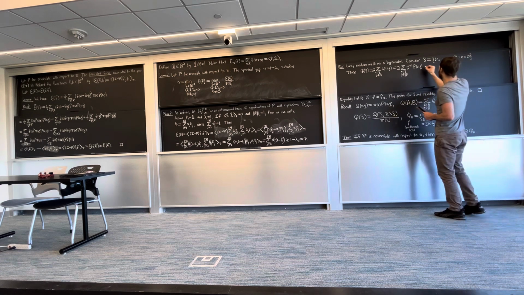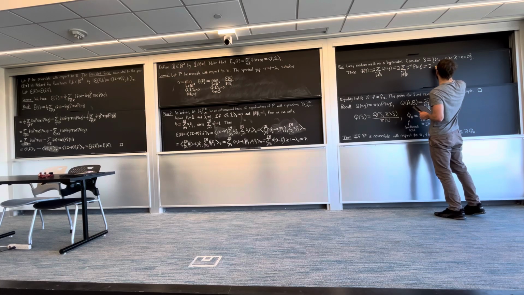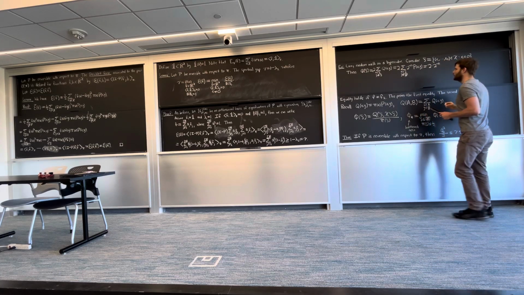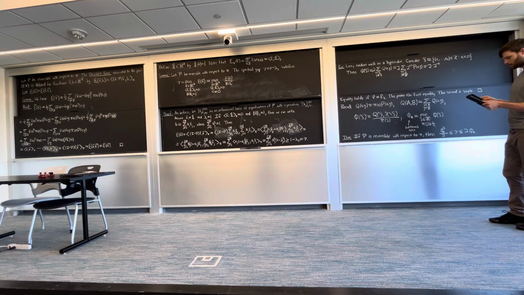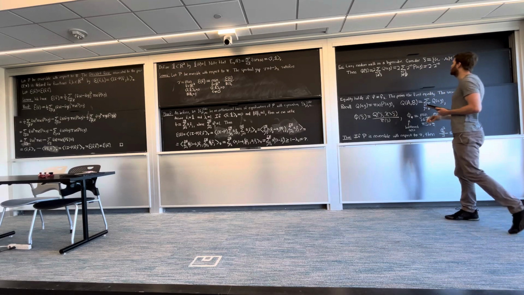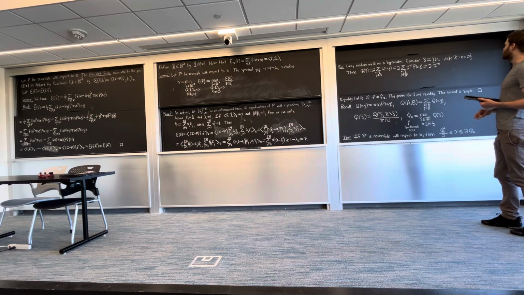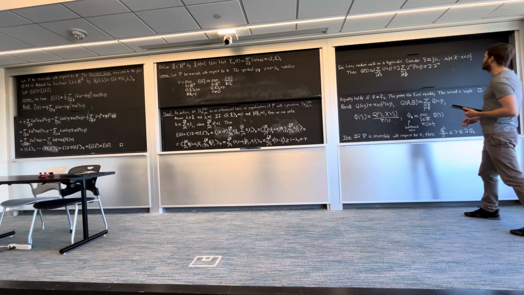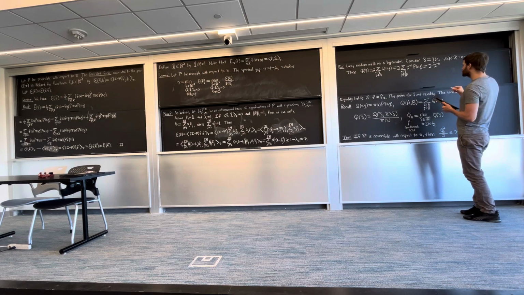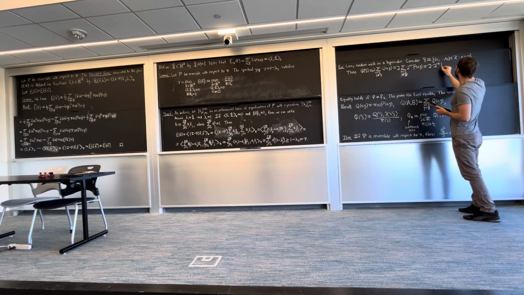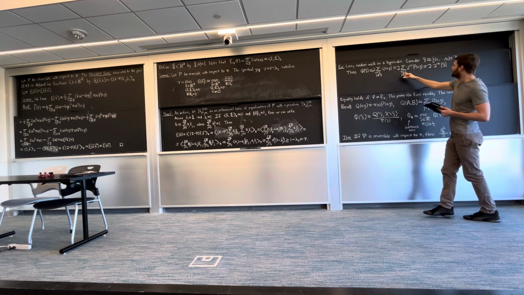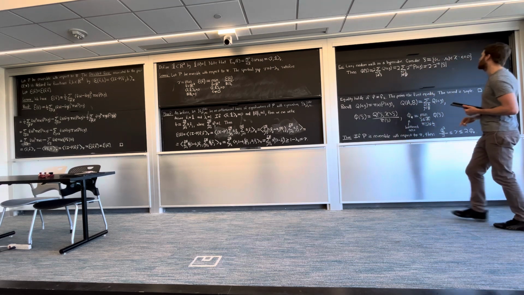Okay, so I have a 2 to the minus n, and then I want to sum p of xy. Well, it should just be the size of S, the number of choices for x.